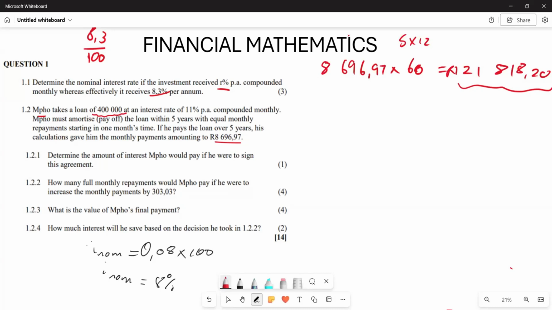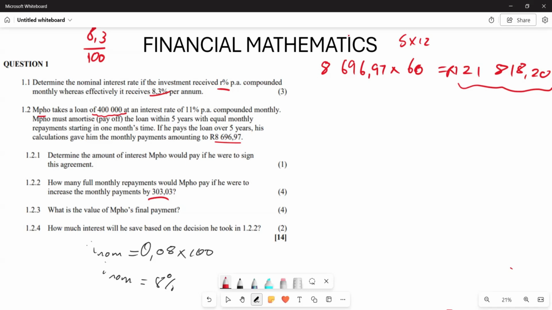Now, the next question: how many full monthly repayments will Mpho pay if he were to increase the monthly payment by 303 rand 03 cents? What are you going to do?